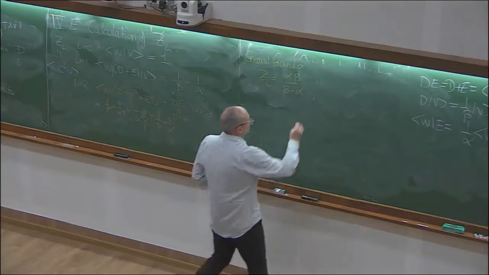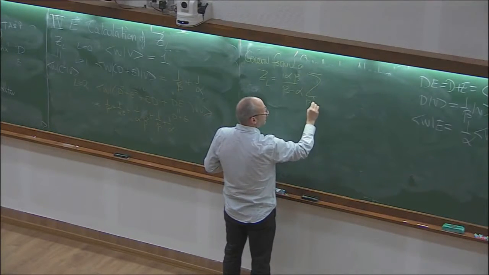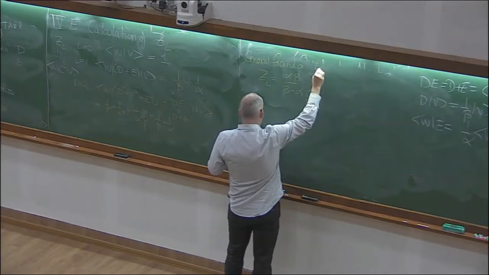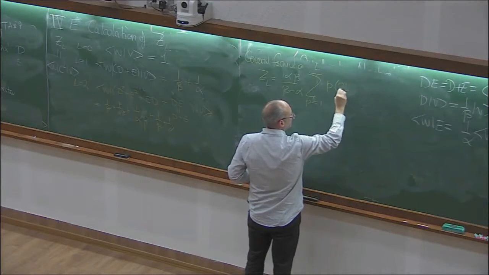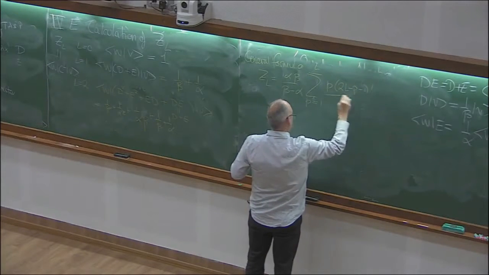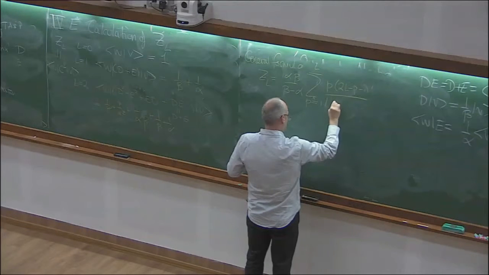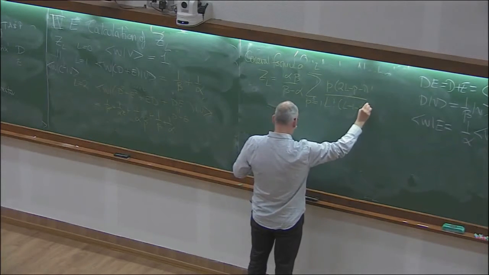So what we end up with is a sum, where p is just an index, p equals 1 to L. And then there's a combinatorial factor: (2L minus p minus 1) factorial over L factorial times (L minus 1 minus p) factorial.